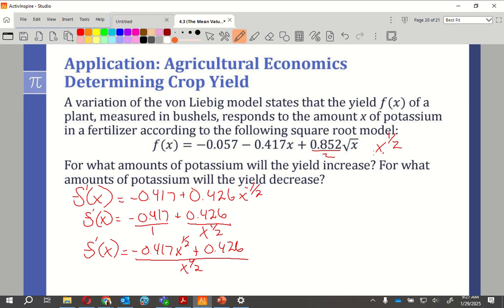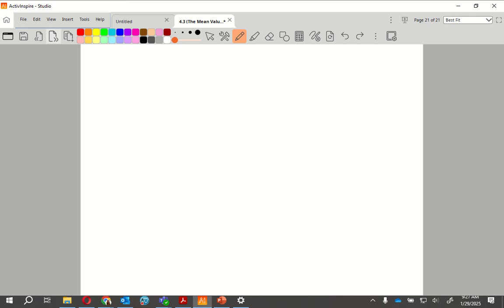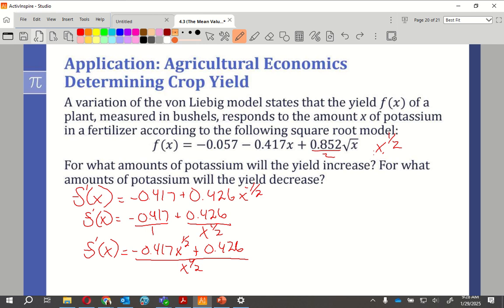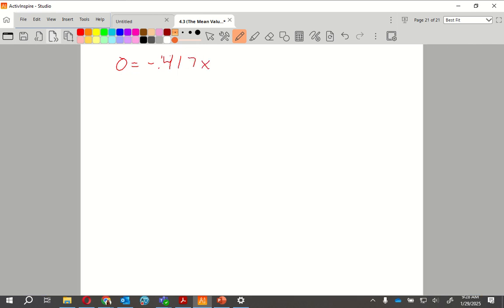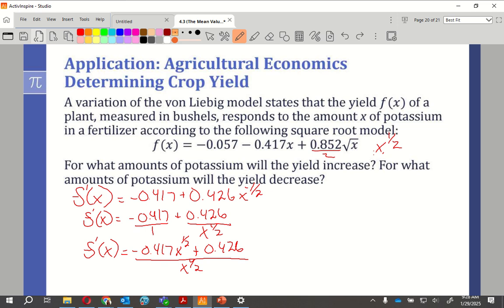So critical point says I do what? Set this here equal to 0, yeah. So I got to get my critical points first, so set it equal to 0. Negative 0.417 plus 0.426.